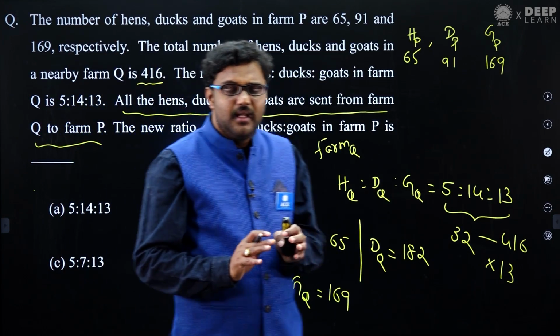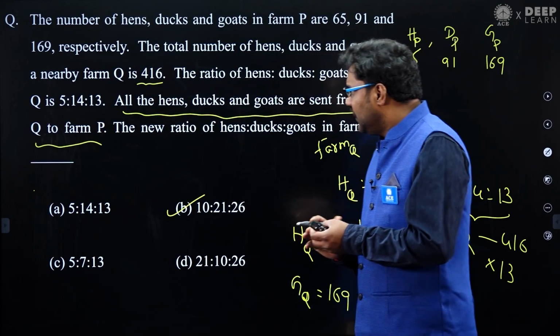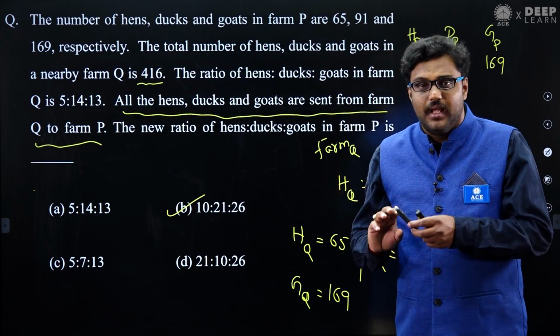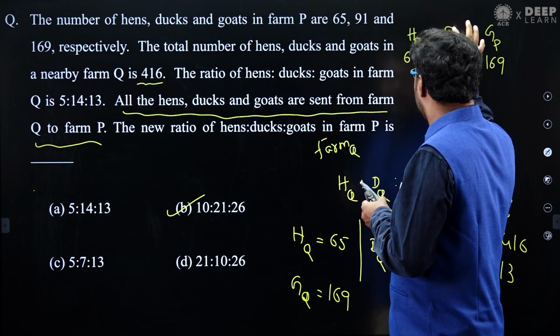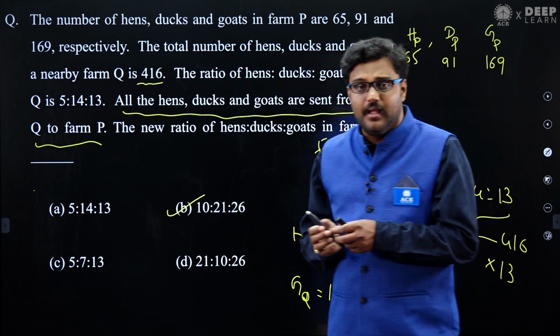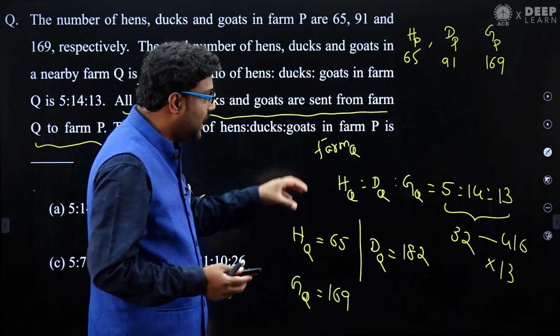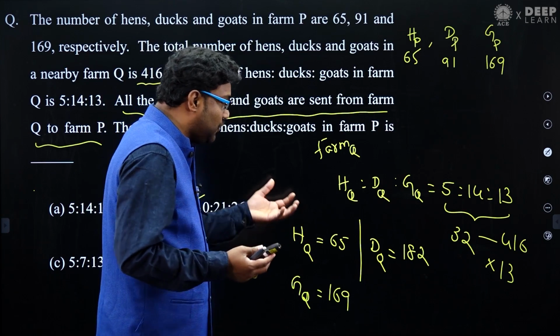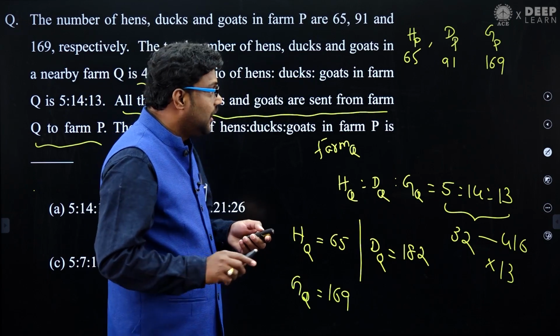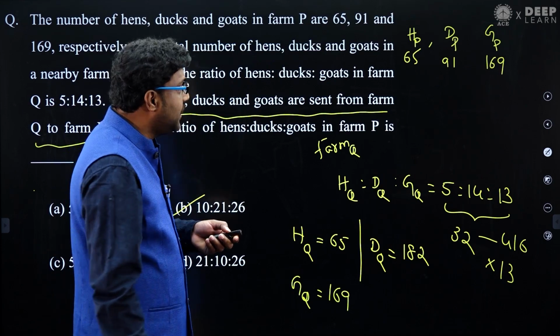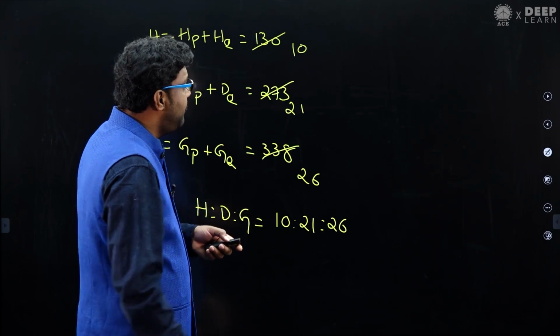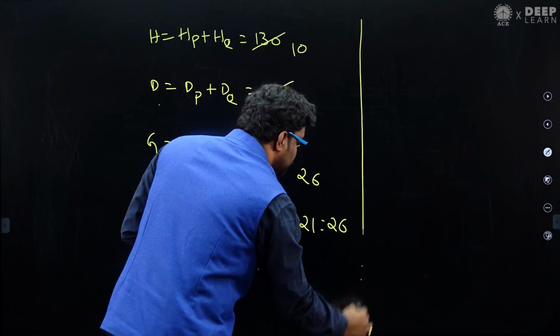Lengthy procedure, we'll just try to simplify it now. They're given individually how many hens, how many ducks, how many goats in form P, and for form Q they're given the ratio. Now together we have to find out, right? See the shortcut, my dear friends. This is method 2.